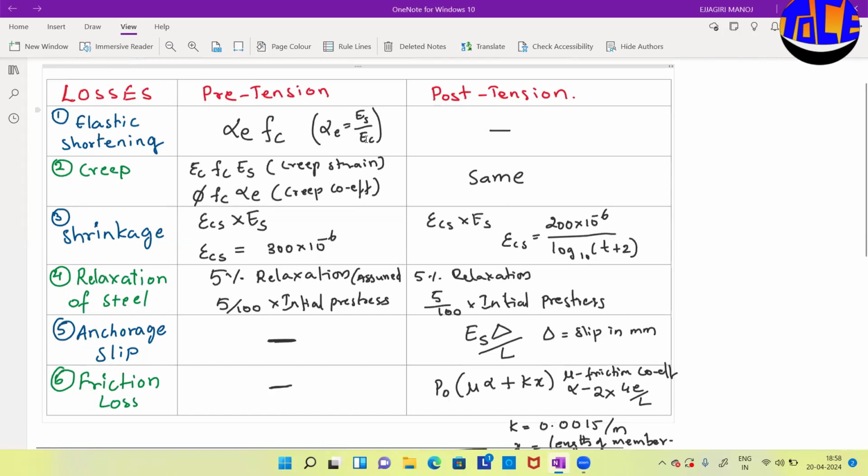Sometimes he will ask you to find the total loss. In that case, you need to sum up all the losses in pre-tension, and for post-tension, you have to sum up all these losses at the end. So try to memorize these equations. Thank you all.